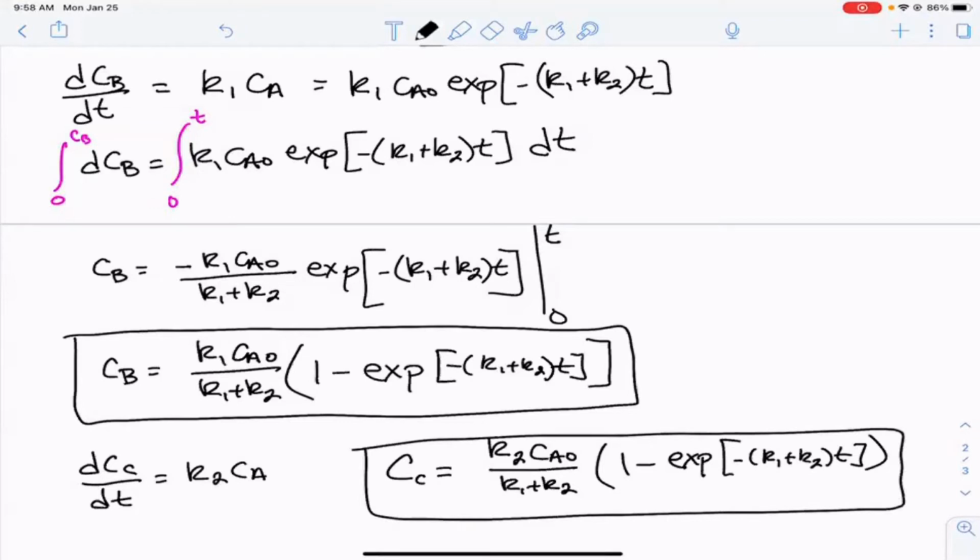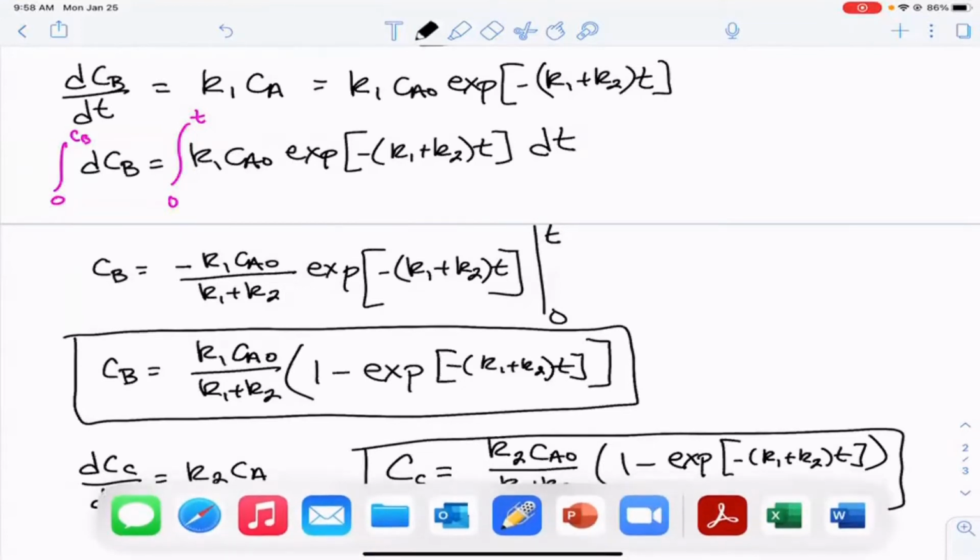And now we've found for this simple case where A can either go to B or C, both through elementary first order reactions, we were able to solve this problem. Okay. So now what we can do after we solve for the concentrations is that you'll almost always be asked to plot them.